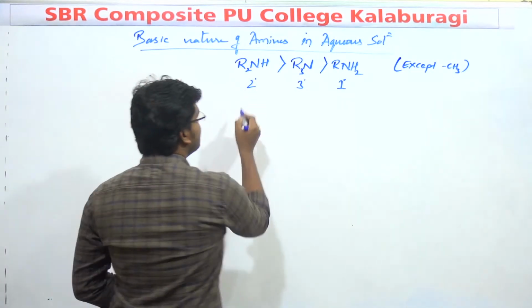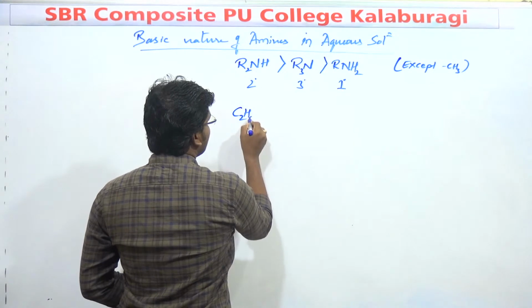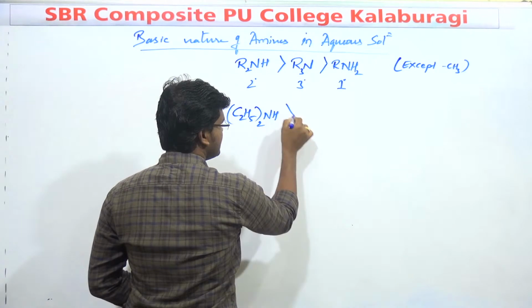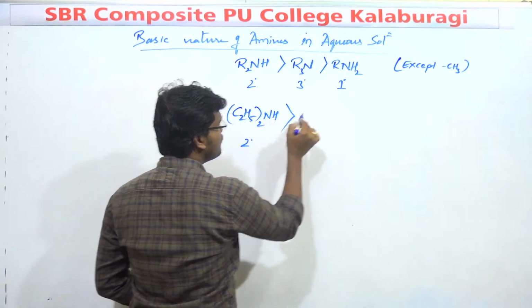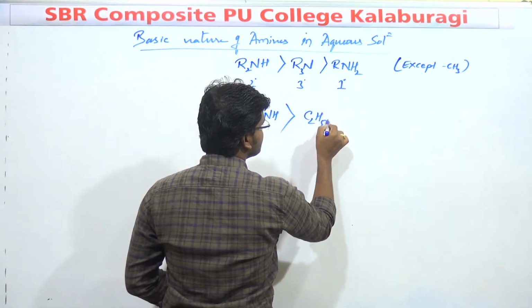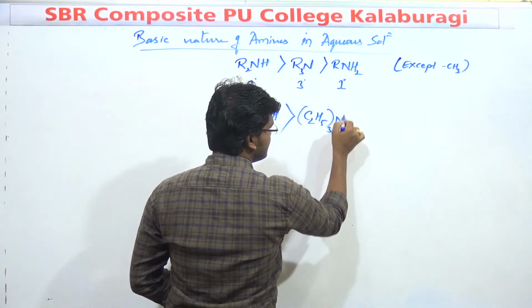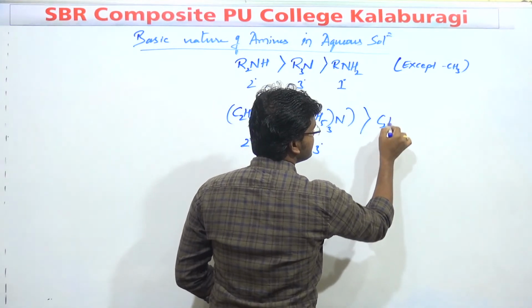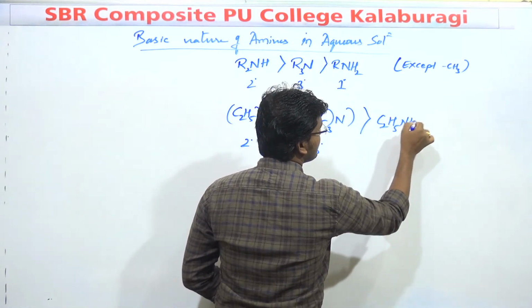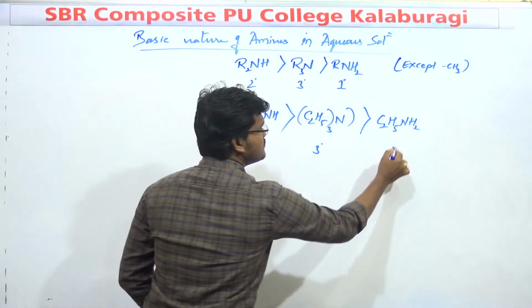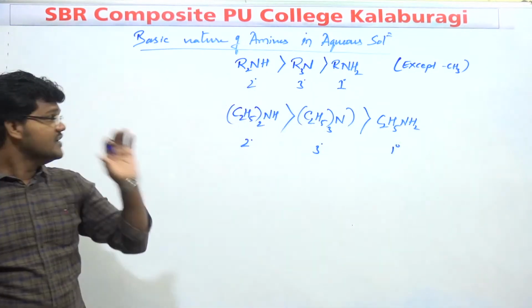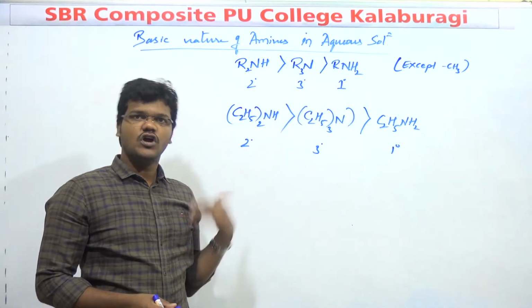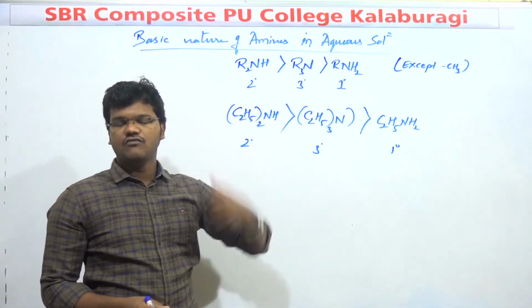For example, (C2H5)2NH, secondary, is more basic than (C2H5)3N, tertiary, which is more basic than primary, C2H5NH2. So ethylamines follow this order in aqueous solution, not tertiary, secondary, and primary as in the gaseous state.